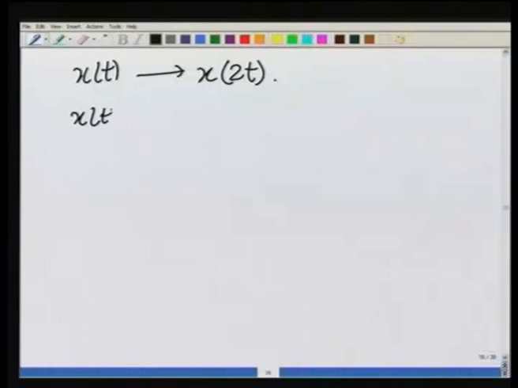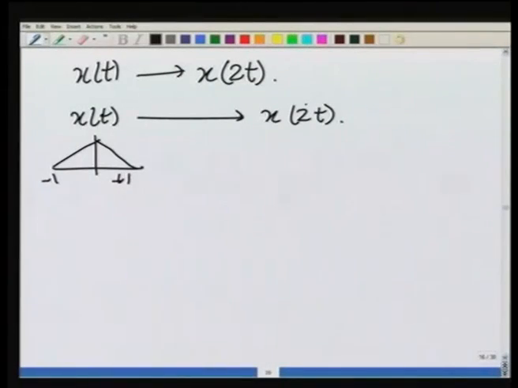Now, let us apply the commutation diagram. The point is that whenever we apply the commutation diagram to time invariance, it is a very common feature to make mistakes. So, we have to be very careful. x(t) applied to the system, you get x(2t). Let us make a diagram also here to help us understand it better.